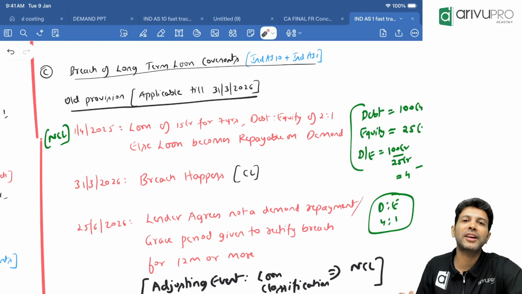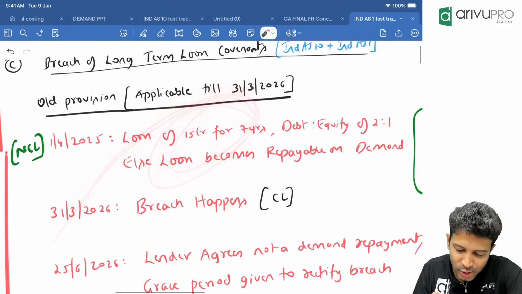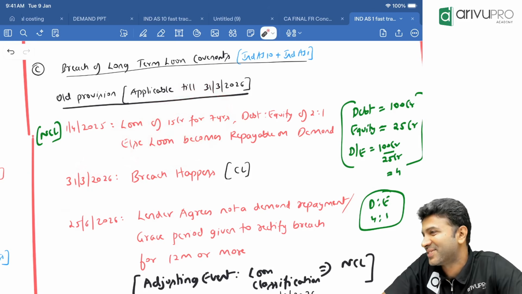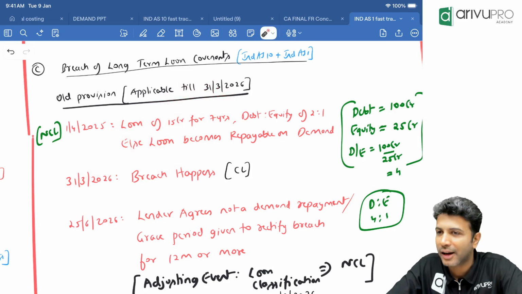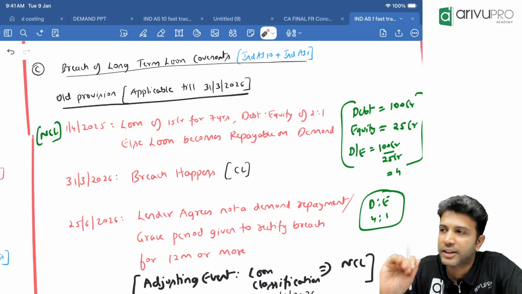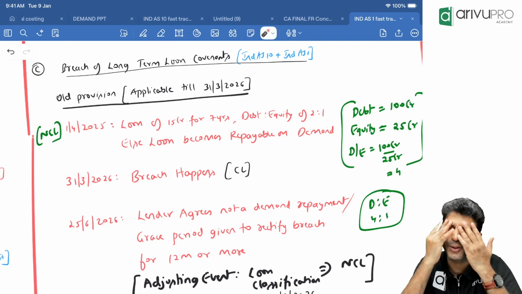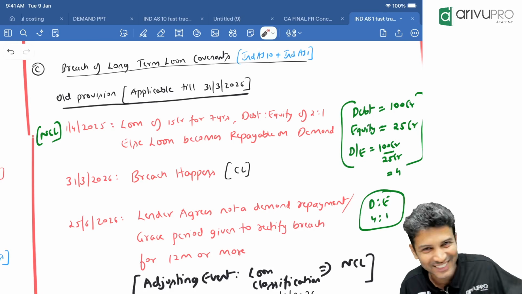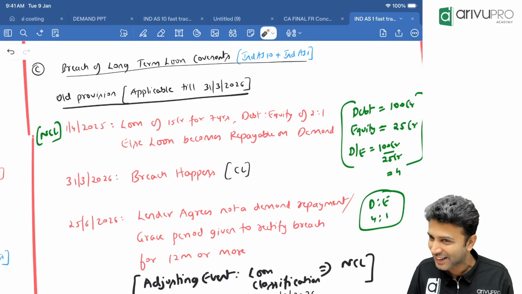And now what do you think? Let's say the government bank sent a notice for 15 crore. The bank sent a notice saying give my money back because you have violated the condition. Now what will you do? Bank managing directors and all will go and try to butter them up to manage, no?